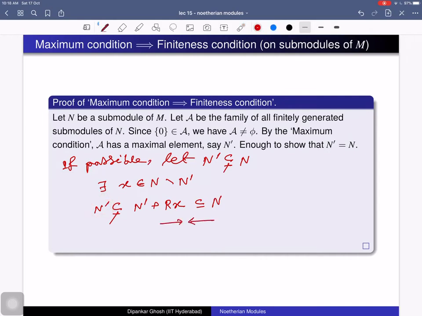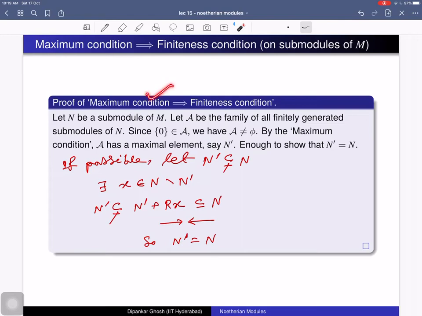This contradicts the fact that N prime is a maximal element of A, and this contradicts the assumption that N prime is strictly contained in N. So therefore, N prime is the same as N, and hence N is finitely generated because N prime is finitely generated. So this proves 2 implies 3.